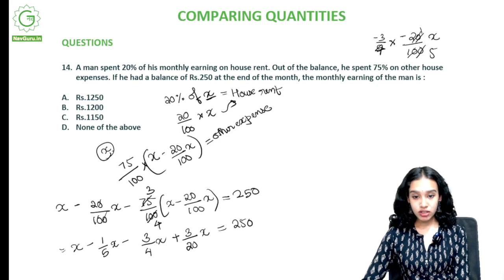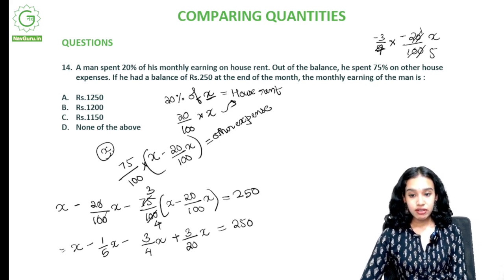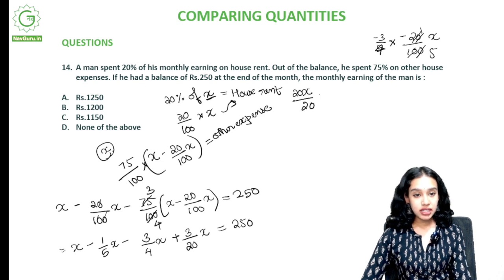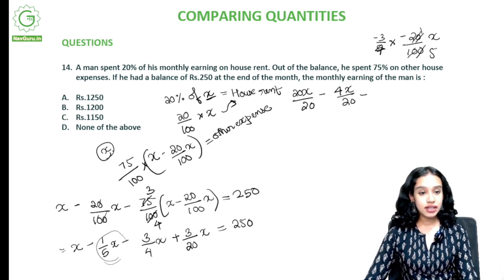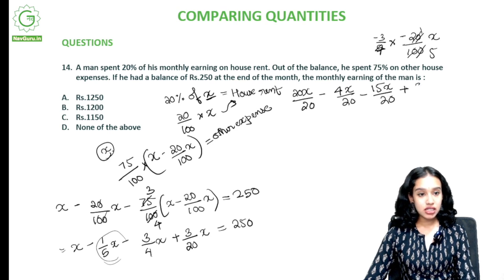Now let's take a common factor. We have 5, 4 and 20. So we'll take 20 as the common factor here. So let's go 20x by 20 minus, let's multiply this by 4. So that becomes 4x by 20 minus, let's multiply this by 5. So 3 5s are 15, 15x by 20 plus 3 by 20x is equal to 250.